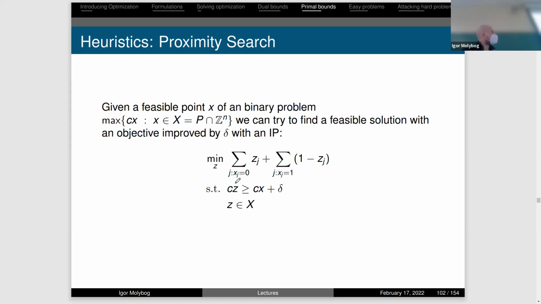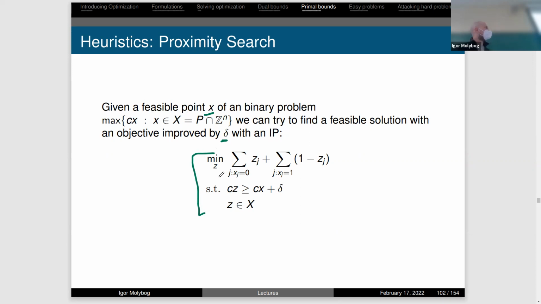So let's say that we are given a feasible point x of an IP of this form, and we can try to find a feasible solution with an objective improved by delta by solving the following integer programming problem.